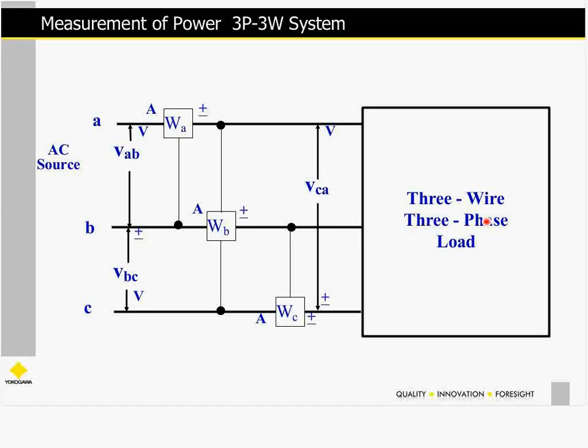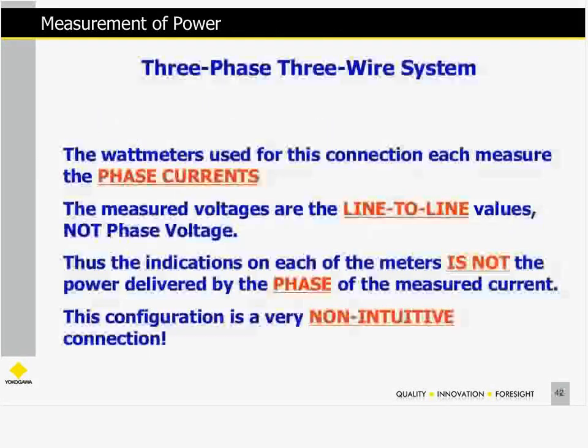So on our 3-wire system, 3-phase, 3-wire, if we put a wattmeter on each side, measure all 3, we can do that and look at your phase currents on each one and the line-to-line voltage. So in the 3-phase, 3-wire system, the wattmeters in this connection, they measure the phase currents, okay, because the currents are in series.